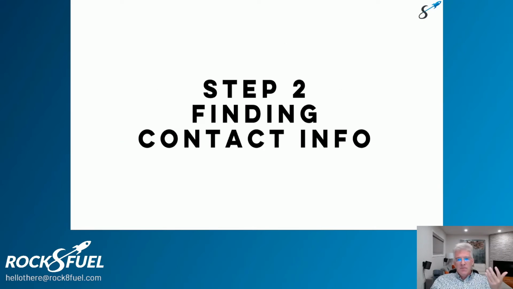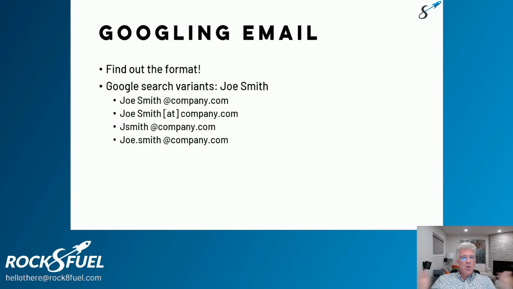So now that we've got a list of individuals we wish to contact, how do we reach out? How do we find their email addresses? The old-fashioned way is never a bad thing, right? There are some more efficient ways, but if you start at a base level, you can Google a person's email address, and you can use all the variants and all the ways to search.